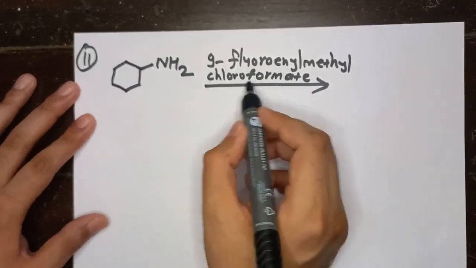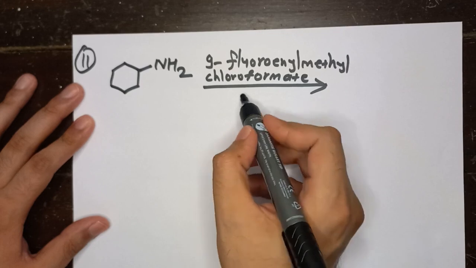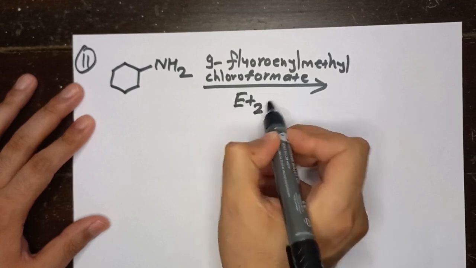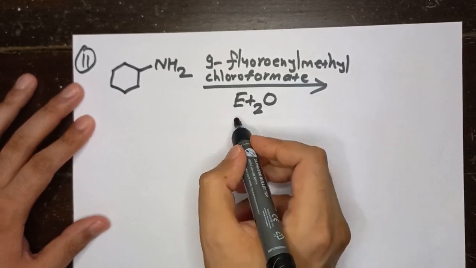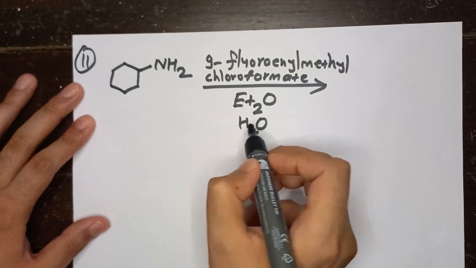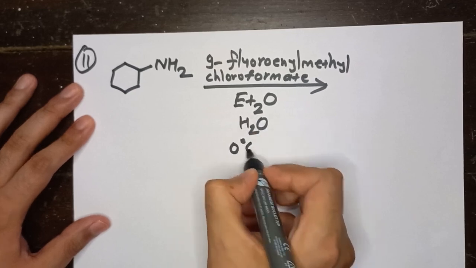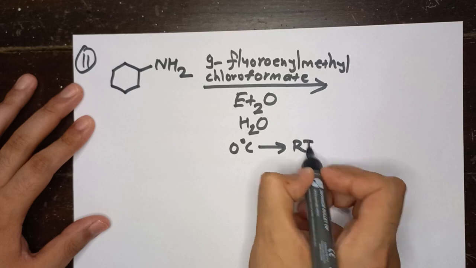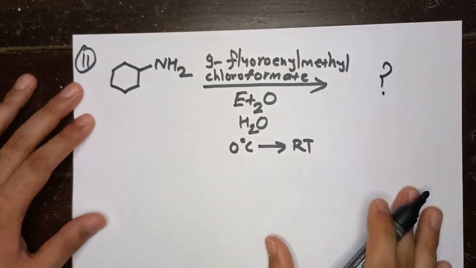Please excuse me if there is any spelling mistake. Okay, so this reaction is done in diethyl ether and water, and we are bringing this reaction from 0 degrees Celsius to room temperature. So what is the product?